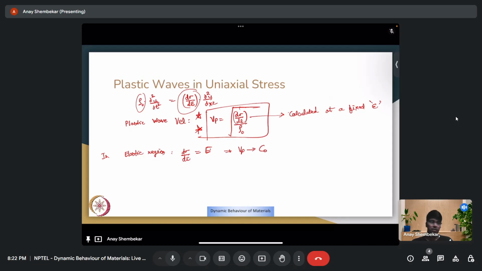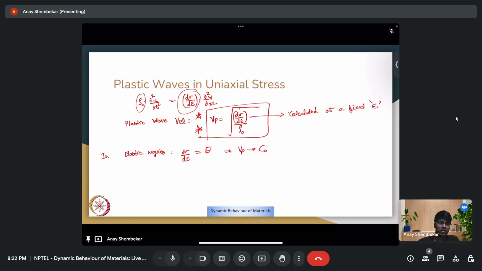So this formulation that we analyzed was for the simple experiment of a long thin wire with a weight being dropped. By doing a simple 1D uniaxial stress analysis, we arrived at a formula for the plastic wave going through that thin wire.